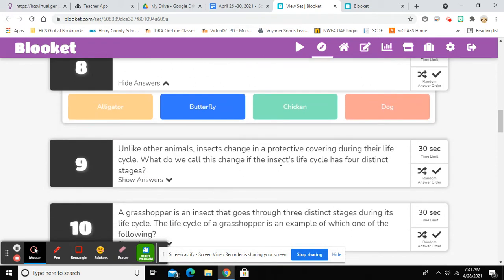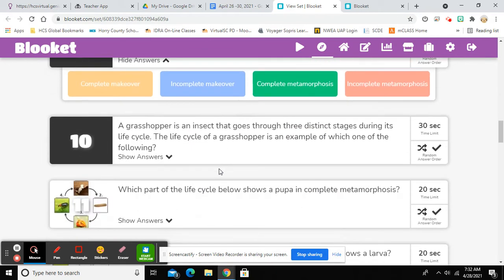Unlike other animals, insects change in a protective covering during their life cycle. What do we call this change if the insect's life cycle has 4 distinct stages? A grasshopper is an insect that goes through 3 distinct stages during its life cycle. The life cycle of a grasshopper is an example of which one of the following?